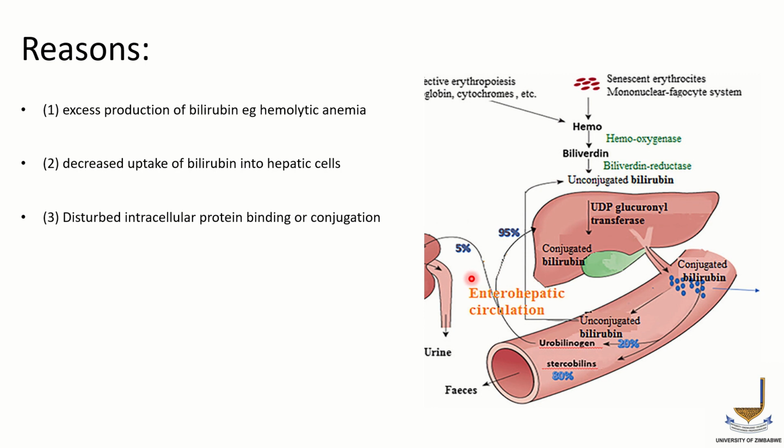Also, disturbed intracellular protein binding or conjugation, in which there is failure of this bilirubin to be conjugated or processed by the liver into bile, right? And also there is disturbed secretion of conjugated bilirubin into the bile canaliculi, that is, into the bile ducts.